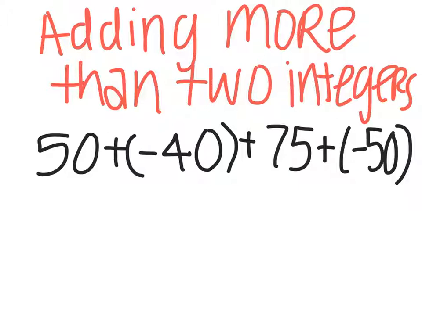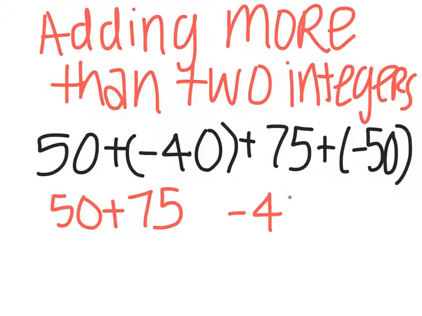So first we can tackle the first one, and you could actually group the ones that are the same. So put 50 plus 75 and figure out what that is, and then do negative 40 plus negative 50. And we learned in the previous slides that two numbers with the same signs added together are going to be the same sign.